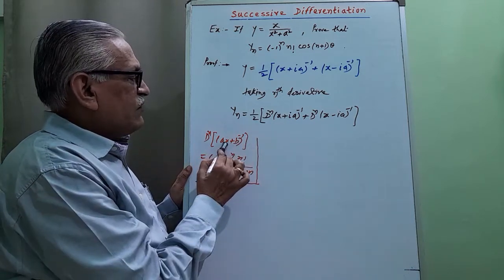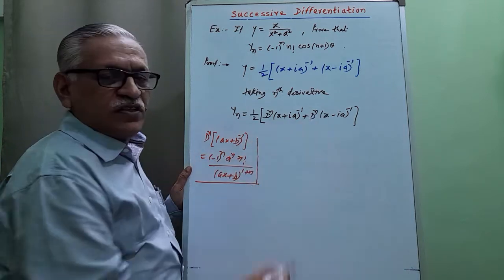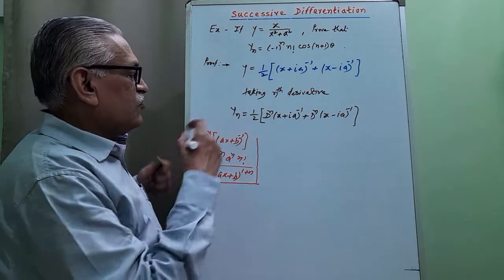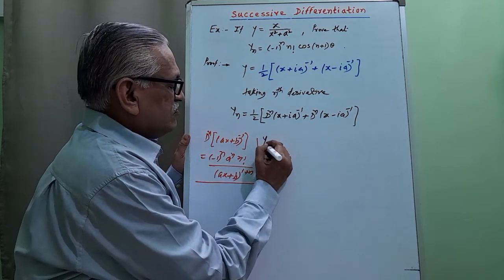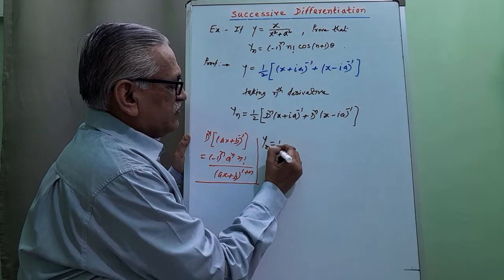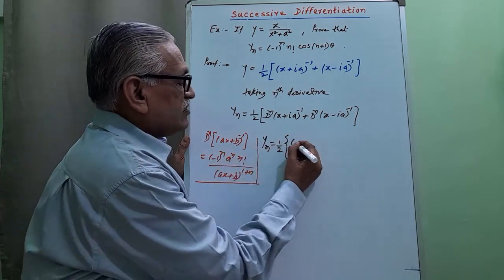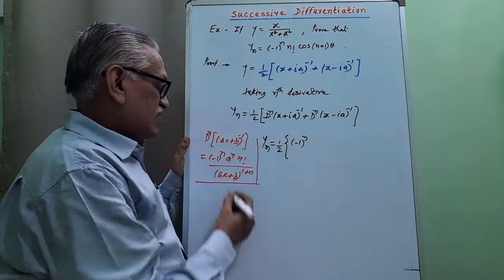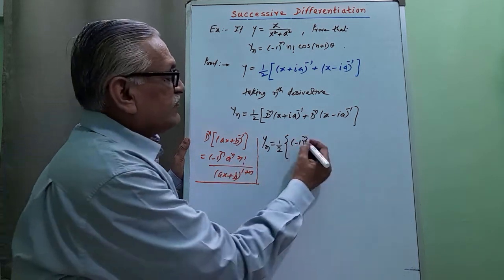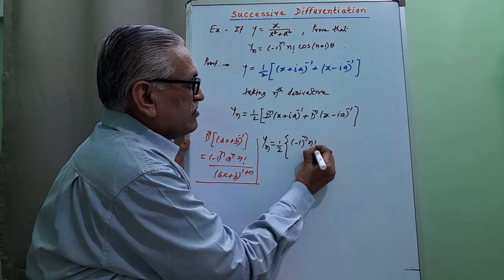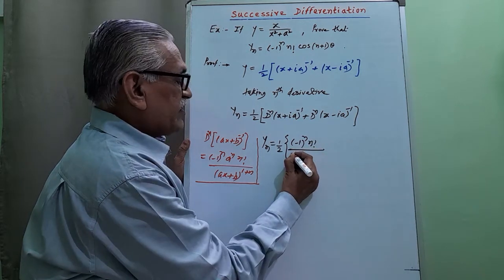Comparing, we get the value of a as 1 in both terms, and therefore yn is equal to 1 by 2 as it is, no change, times minus 1 raised to n, 1 raised to n is 1, into n factorial divided by ax plus b.